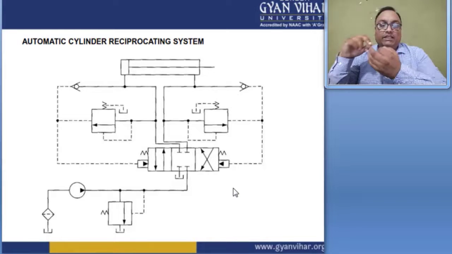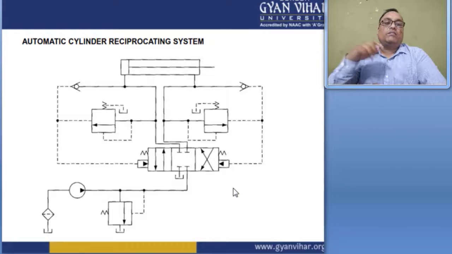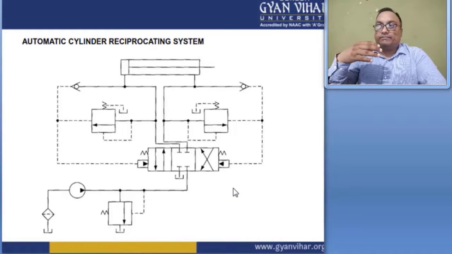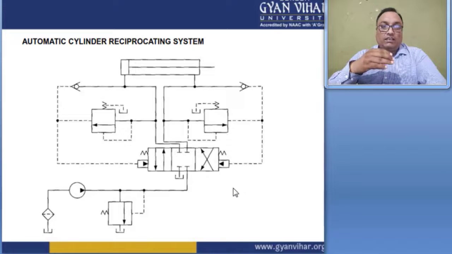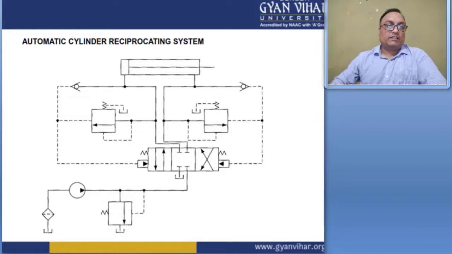This type of automatic feed is used for the slotter case, and for different kinds of applications. Some automatic punching machines use the same hydraulic circuit, and different kinds of operations.